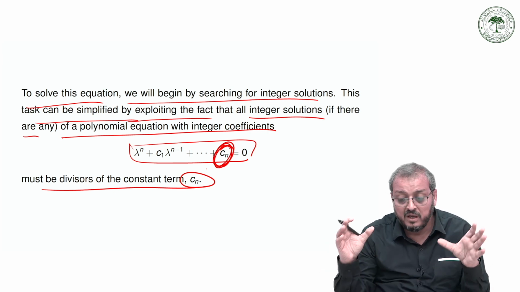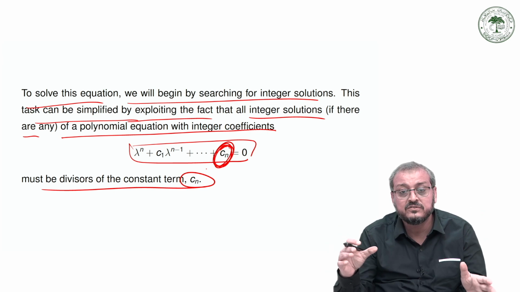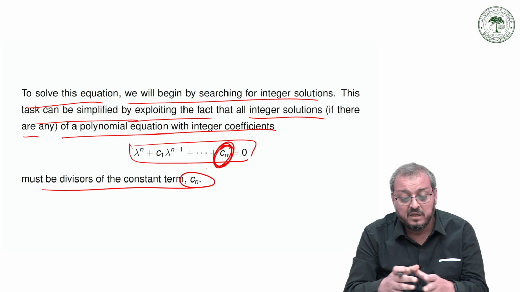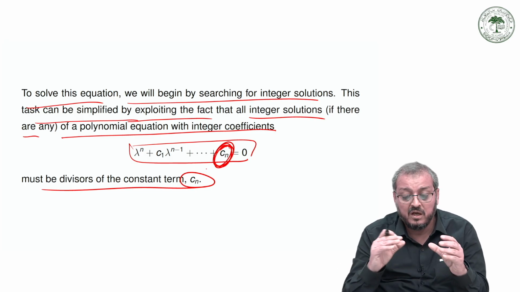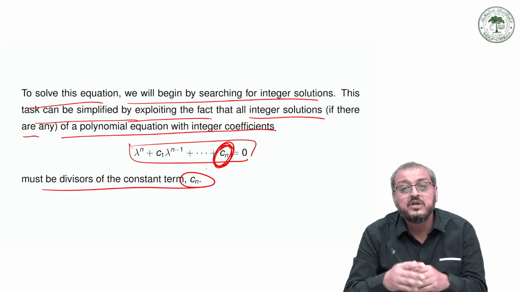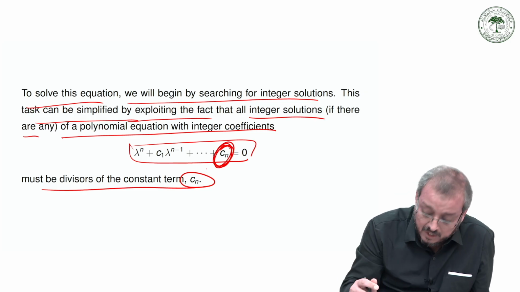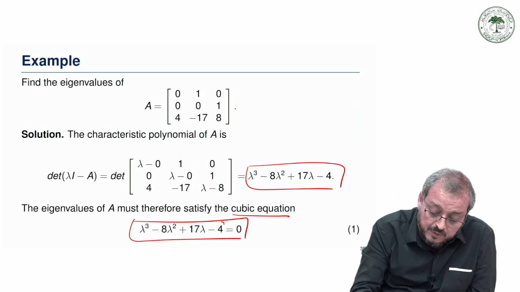So if there is any integer solution for such a polynomial equation with integer coefficients, it must be a divisor of the constant term. In this case the constant term is equal to 4.